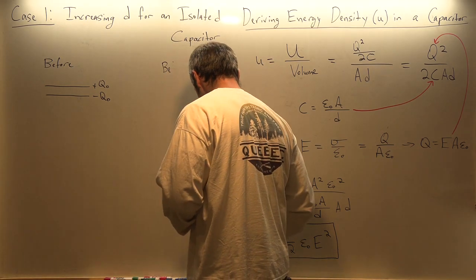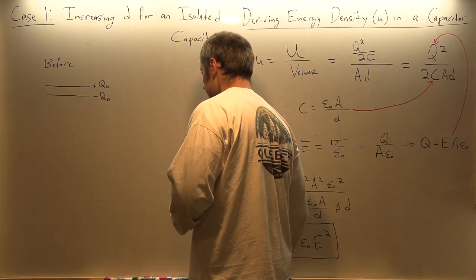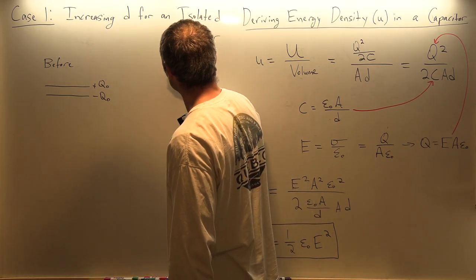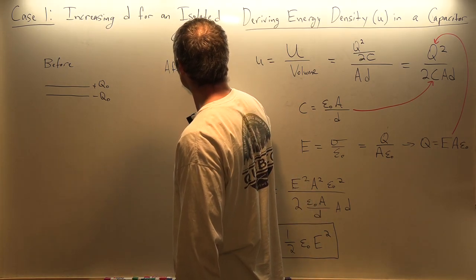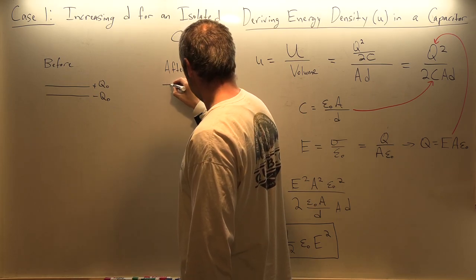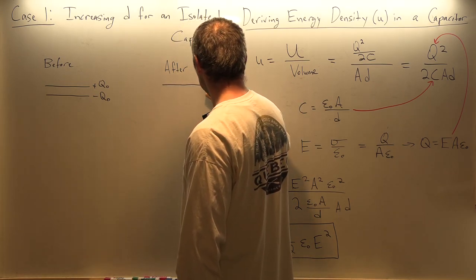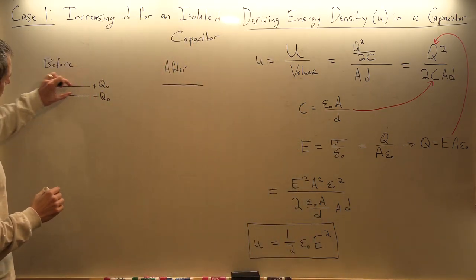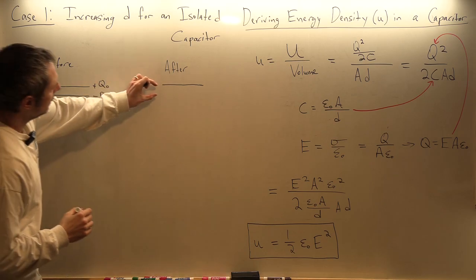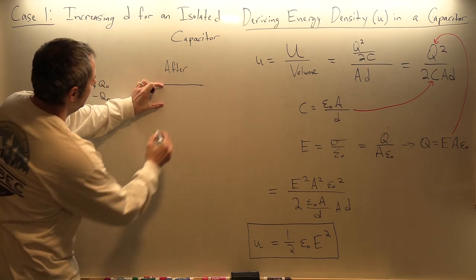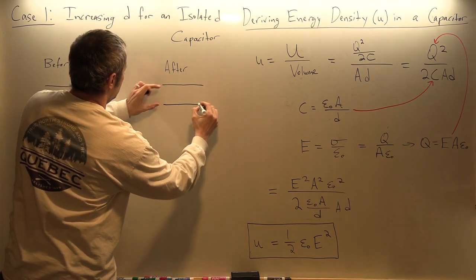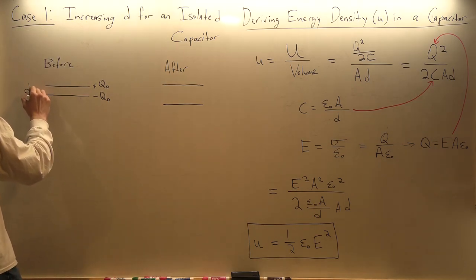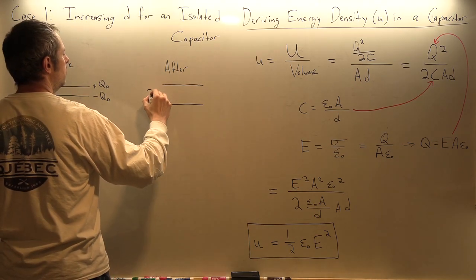Oops, not before, after. This plate is here, and then what I'm going to do is spread this out to double the distance of separation. So right like this. Maybe if this is D0, this is now 2D0.